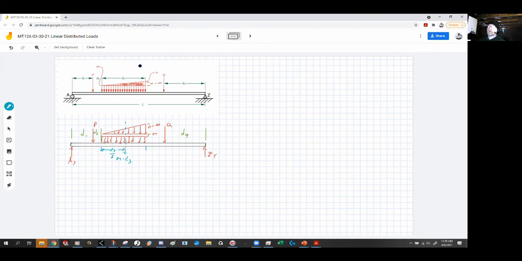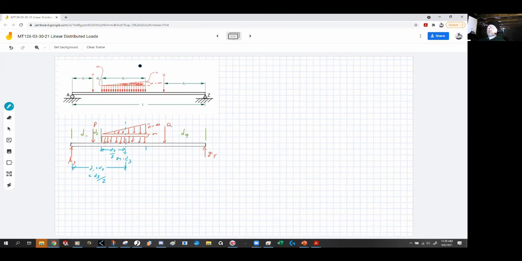And the same thing over here, that's D3 over 2 there. And so the distance to AY, let me see if I got this, would be D1 plus D2 plus D3 over 2. So that's just where that one would be.